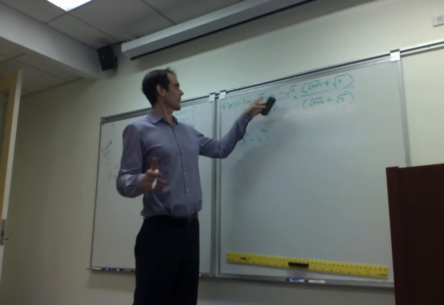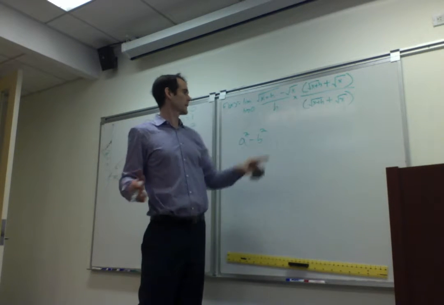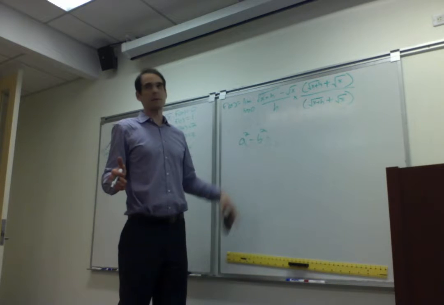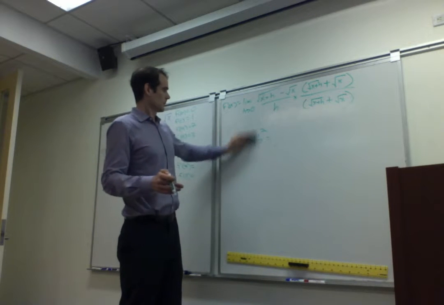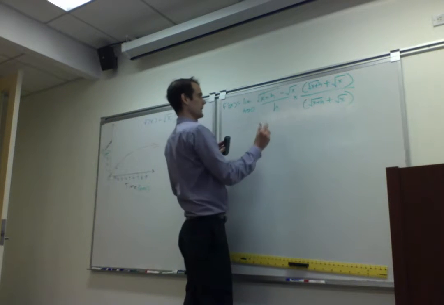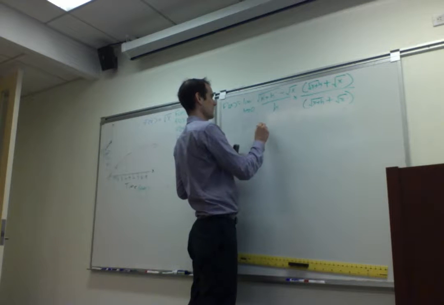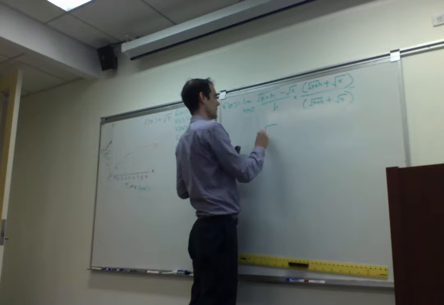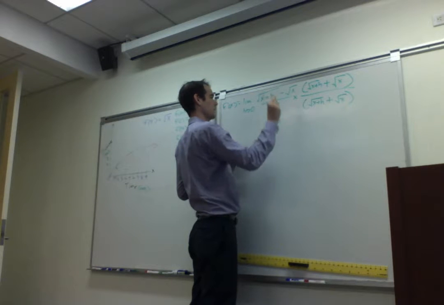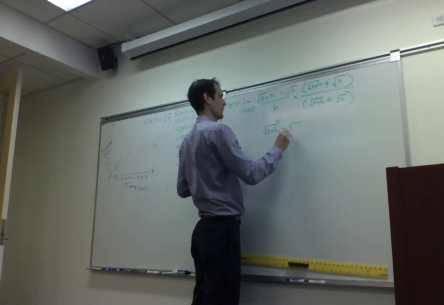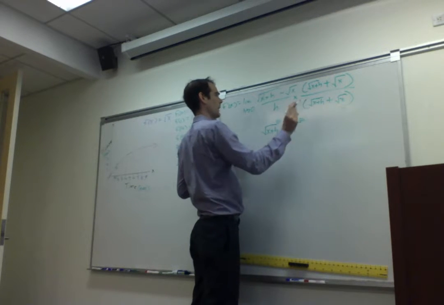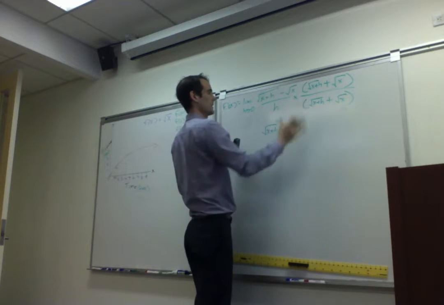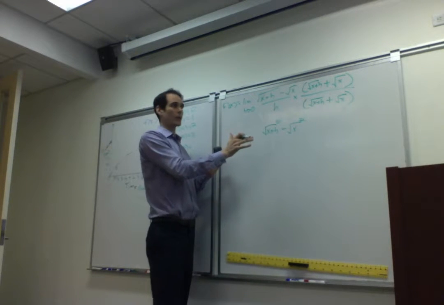Because what we've done is a minus b times a plus b. We now know we can make it a squared minus b squared. So this then becomes, on the top, the square root of x plus h squared minus the square root of x squared, because of the first thing on our factoring sheet.